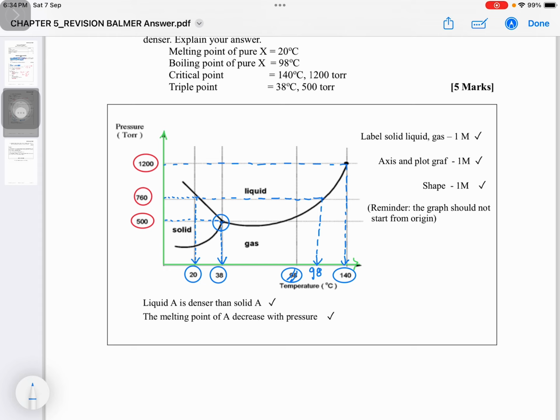So when the pressure is increased, the solid melts into liquid. This shows that liquid X is denser than solid X, and the melting point of X decreases with pressure. Your graph should have labels for solid, liquid and gas, 1 mark. The axes and plotted graph, 1 mark. And the shape of the graph is 1 mark.